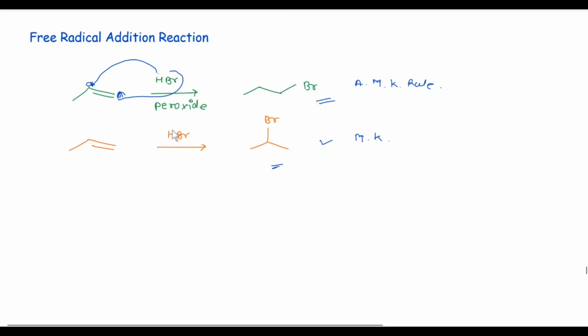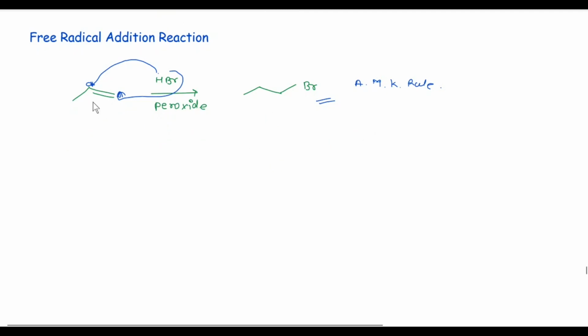Or in Markovnikov addition, hydrogen ends up on the carbon atom which has more number of hydrogens, and Br ends up on the carbon atom which has less number of hydrogens.